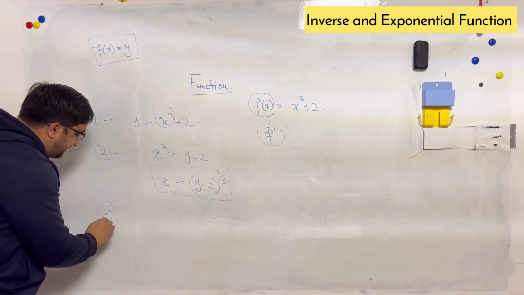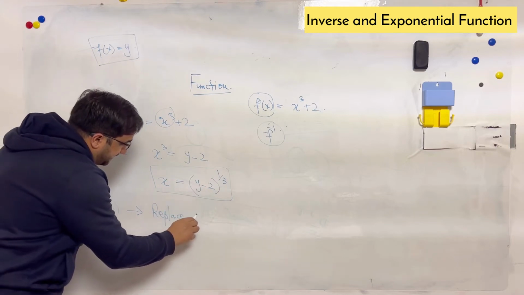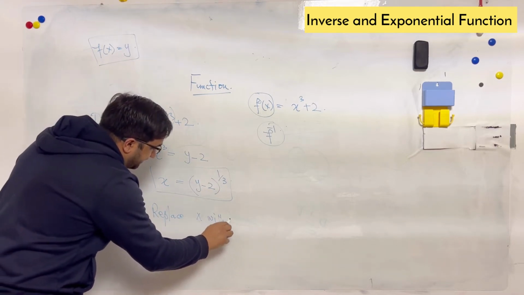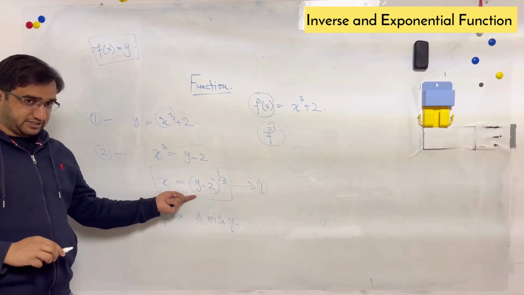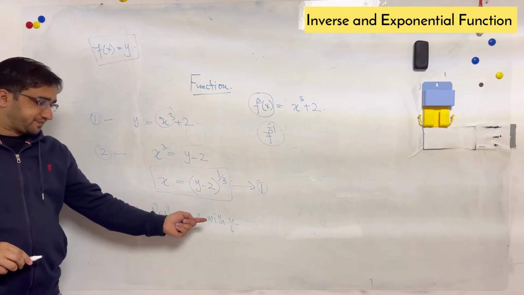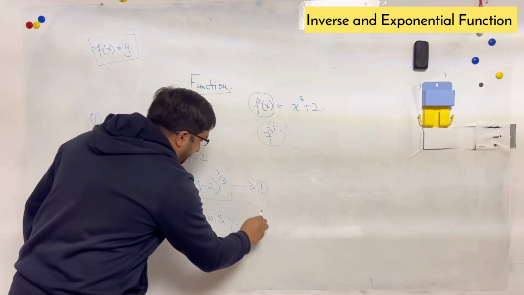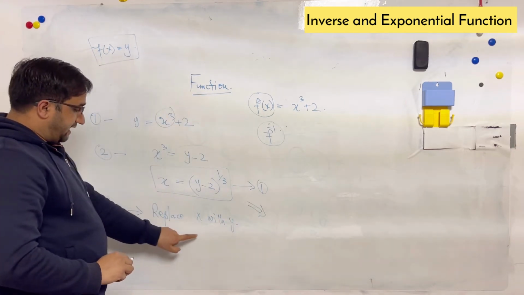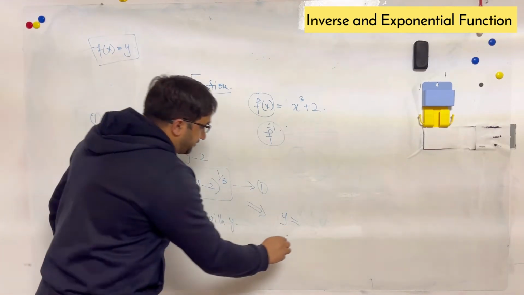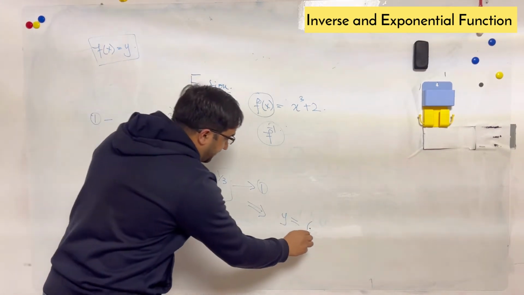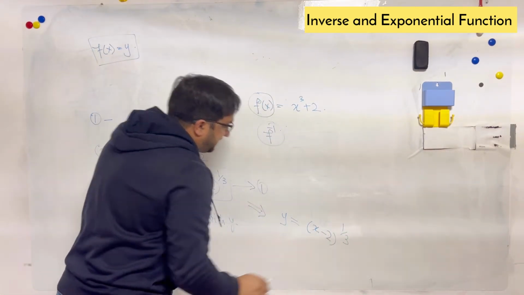The third step is to replace x with y. Whatever you have got in this equation, wherever there is y, replace it with x, and wherever there is x, replace it with y. So x becomes y, and on the right, y becomes x, so y equals x minus 2 raised to the power 1 by 3.